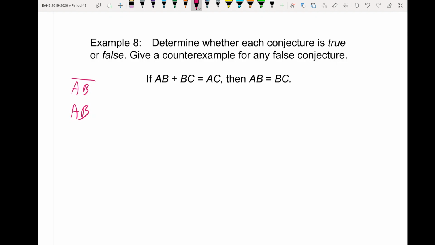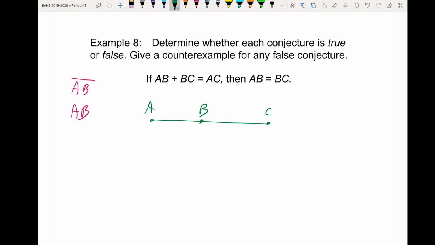So if the distance from A to B plus the distance from B to C equals AC, let's draw that. A, B, and C. Then AB equals BC.